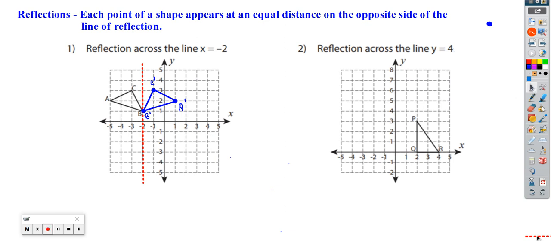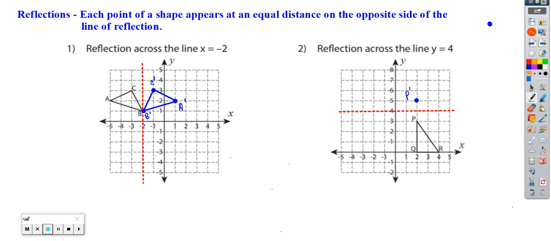So I'm going to take my little dotted line and put it on y at 4. So this now is my line of reflection. That's my mirror. If I look at my line of reflection, P is 1 unit away. So on the opposite side at an equal distance, I want to put point P prime at 1 unit away.